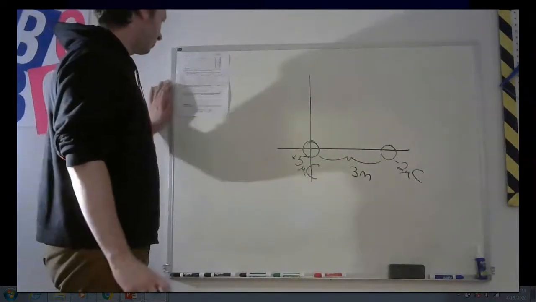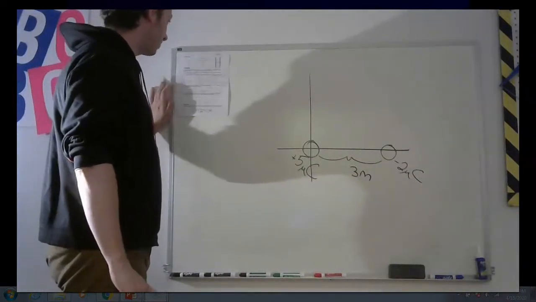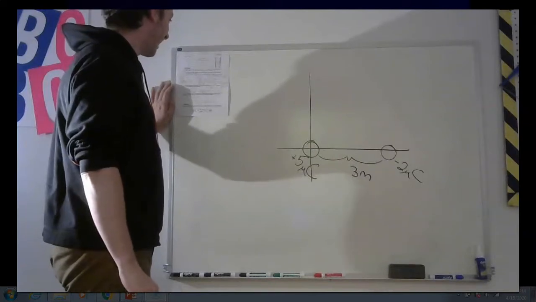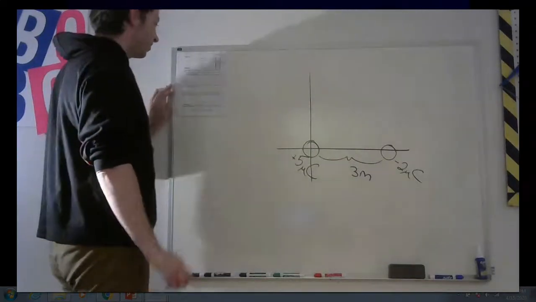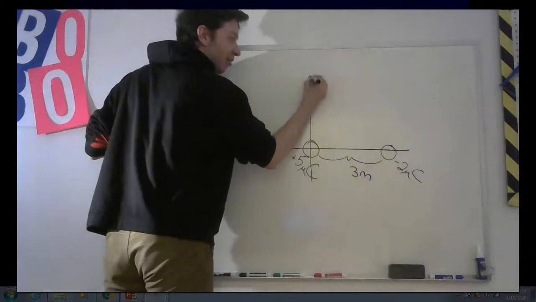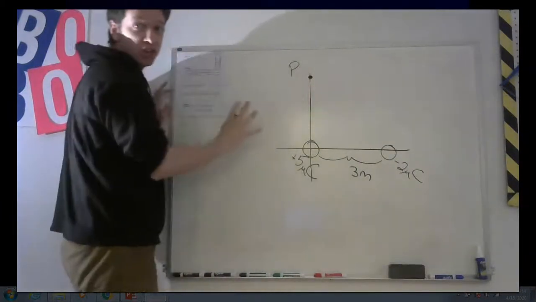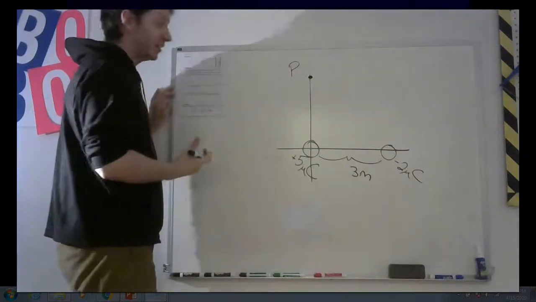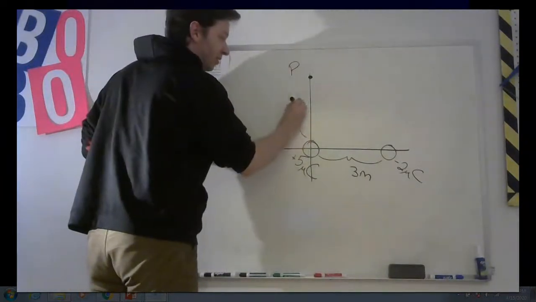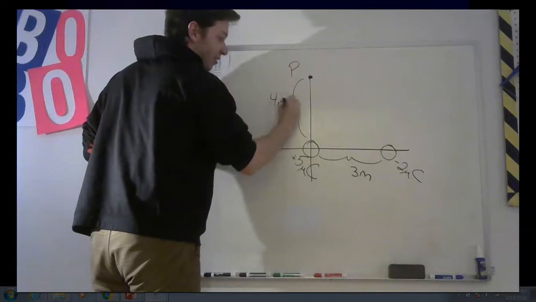Find, part A, the total electric potential due to these charges at P, whose coordinates are on the y-axis here. So this is a point. There's no charge there. It's just a point in space, and it is 4 meters away on the y-axis.